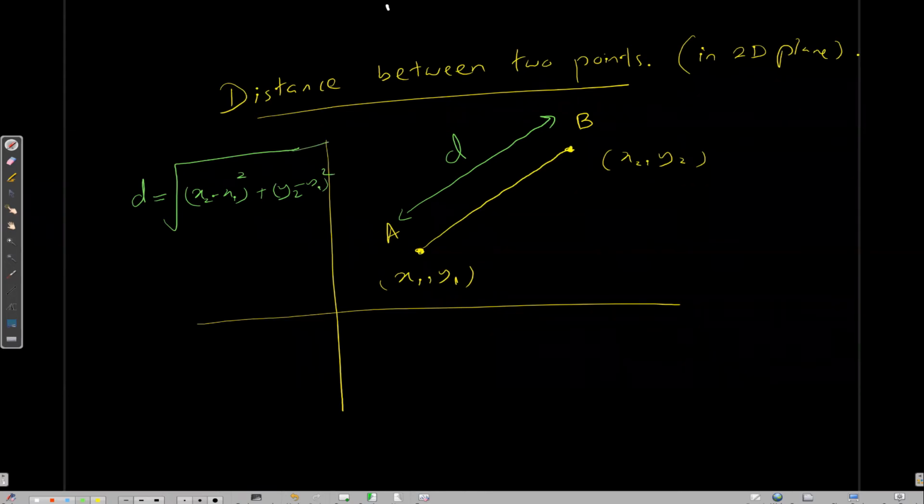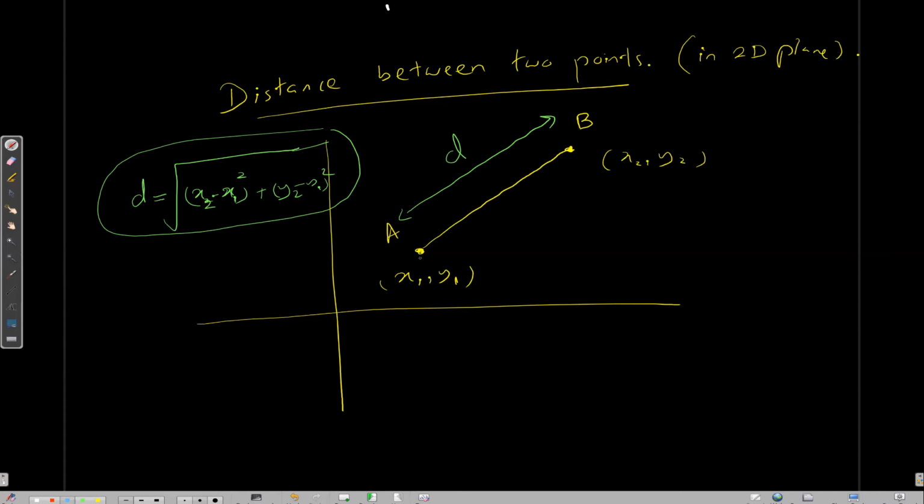Now this is what you need to remember, but let's see why this is true. It's always better to understand the reason why all these formulas work rather than just memorizing those things.